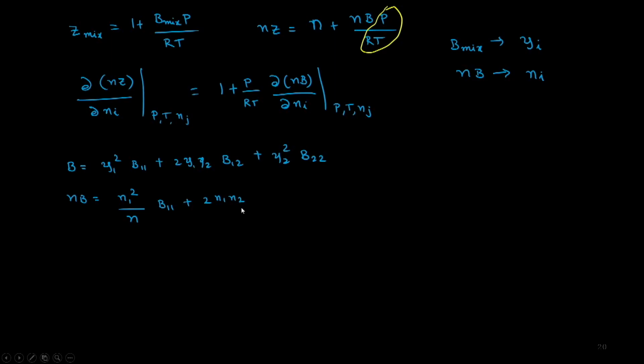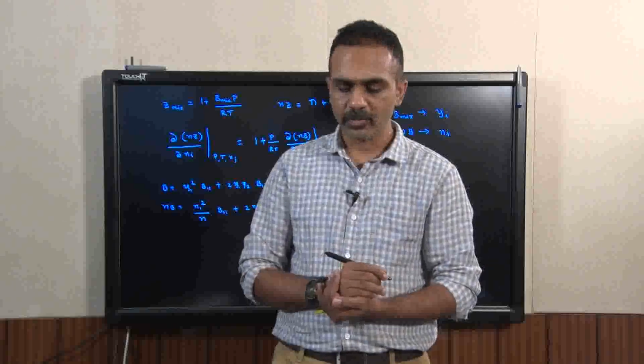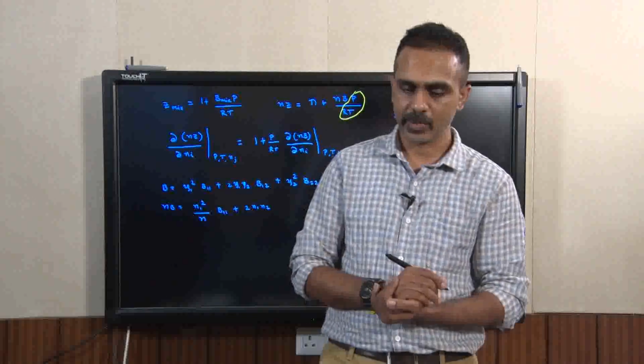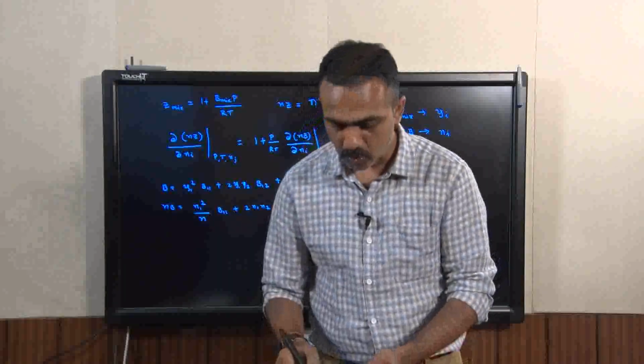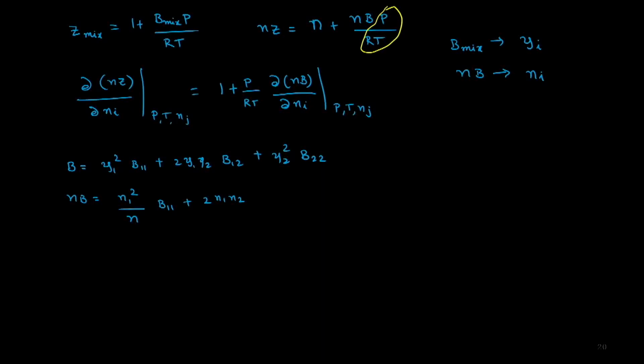When we take the derivative with respect to Ni, remember that we want to convert all the mole fractions into numbers of moles, N1, N2 and N. We cannot leave mole fractions in there because we are taking the derivative with respect to N1 or N2. So what I did is convert y1 squared to N1 squared over N squared and multiply it with N, so that what I will have left is N1 squared over N B11 plus 2 N1 N2 over N B12 plus N2 squared over N B22. So now I have converted everything in terms of moles.